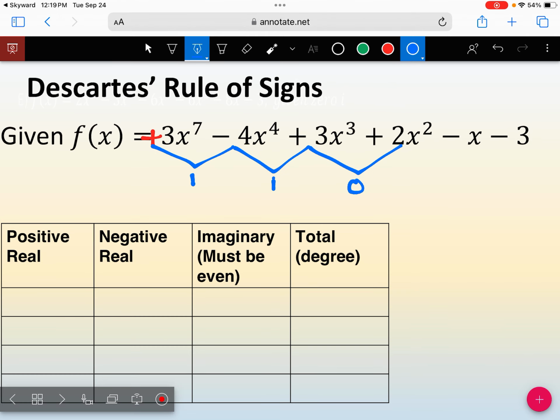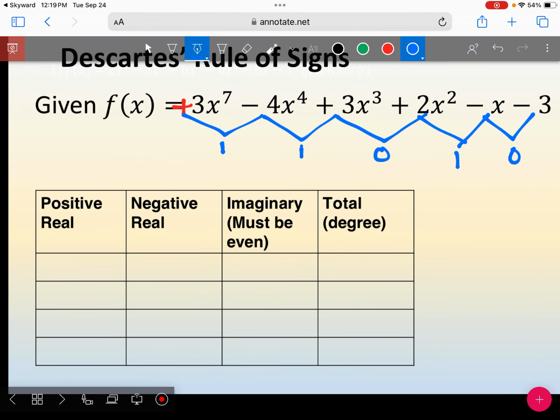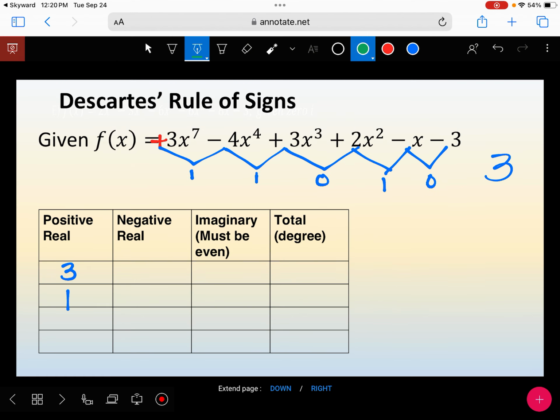What about from here to here? Did I change from 2 to -1? And then what about from here to here? Did I change? All right, so how many sign changes did I come up with? 3. That means for my positive, I can have 3 or 1, because you can only count backwards by 2.